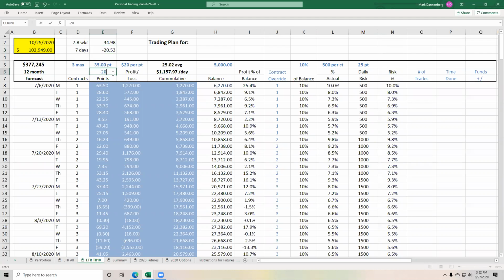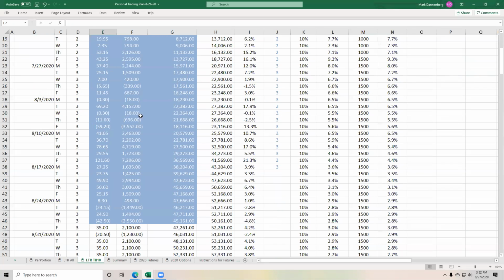So minus 20.5. And now I have what I consider to be a realistic forecast going forward that is entirely based on the actual run rate we've achieved through all of the blue highlighted fields, because those are all the days that we've already closed and completed. We know what the result is.